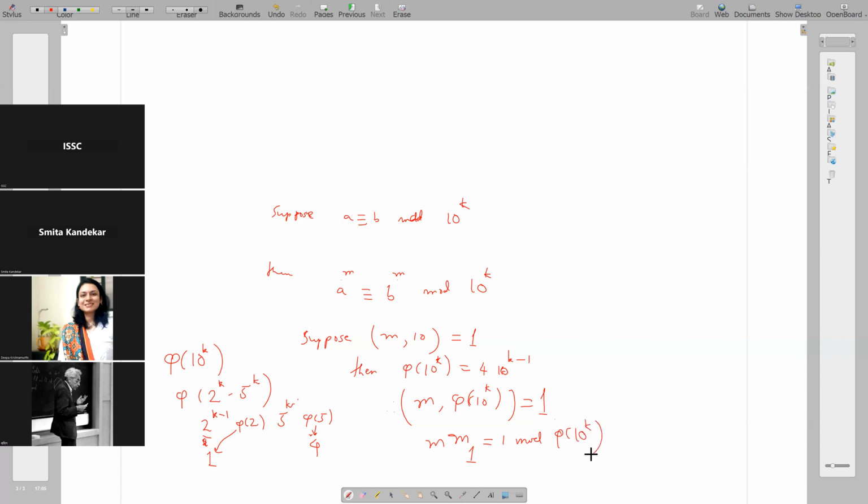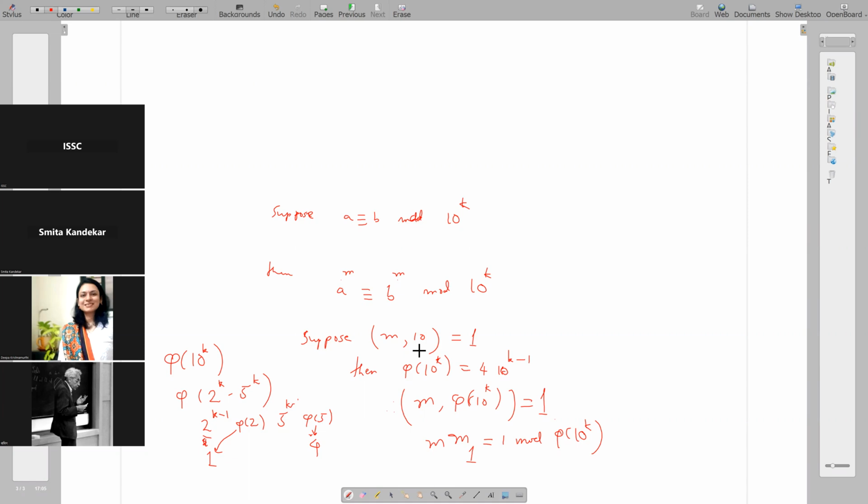Because M is relatively prime to 10, it is odd as well. They have 2 and 5 there; sometimes it happens, but here it is not happening.